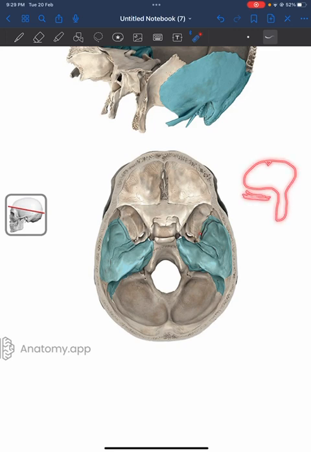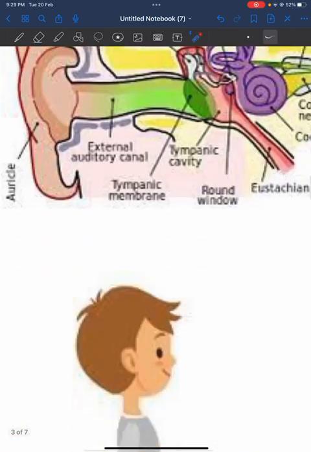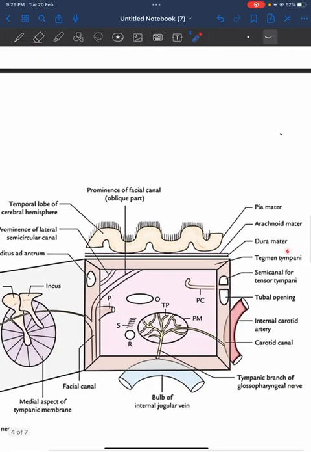This dura mater will be in relation with the cranial bone, right? So the dura mater, or the middle cranial fossa, and the middle ear will both be differentiated with the help of the tegmen tympani.